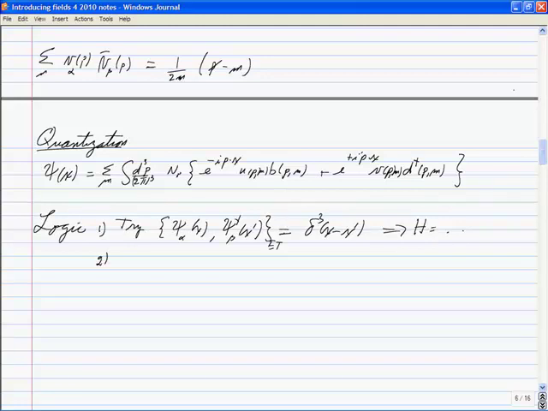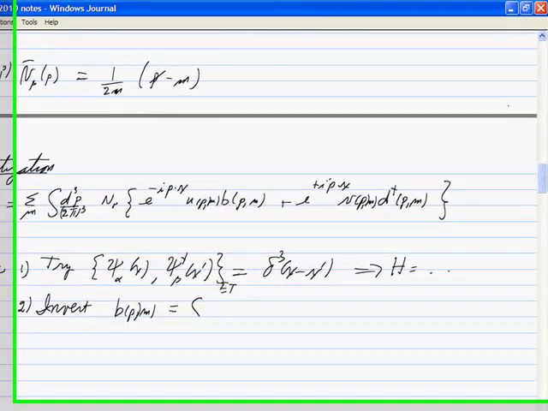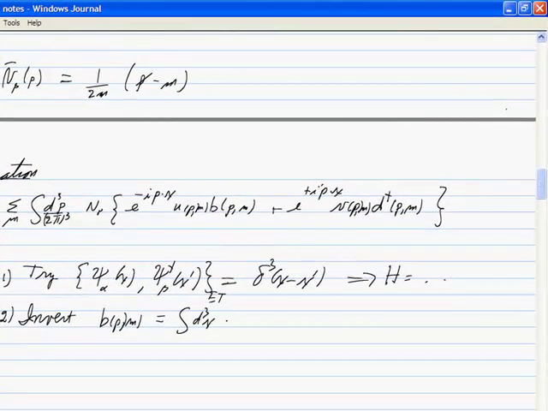Or the logic could be the following: you could invert, and with a little work you could see that b of p and m is the integral d3x e to the i p dot x, u dagger of p and m, psi of x.